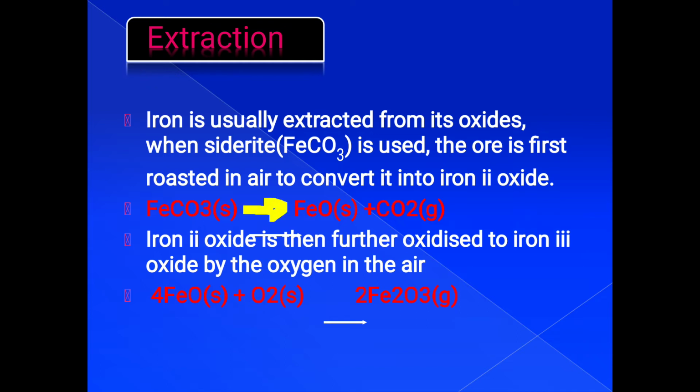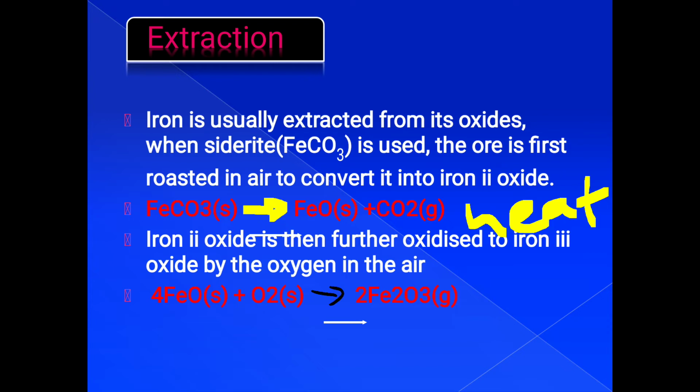Iron carbonate, through heating, gives us iron 2 oxide and carbon 4 oxide. The iron 2 oxide is then further oxidized to iron 3 oxide by the oxygen in air. And this is the equation that leads to that oxidation.